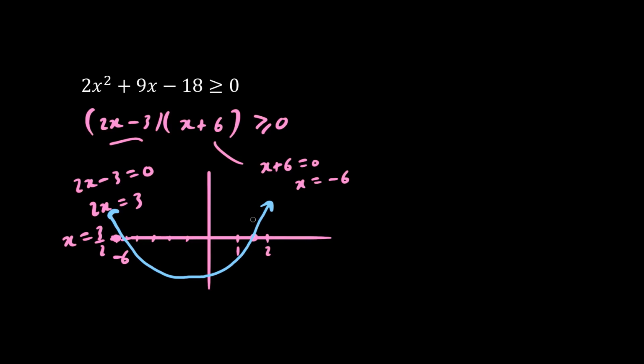And when is the quadratic above 0? It is true either to the right or to the left of these critical values. So we say that x is less than or equal to negative 6. We copy this equal sign here and here. Or x is greater than or equal to 3 over 2.